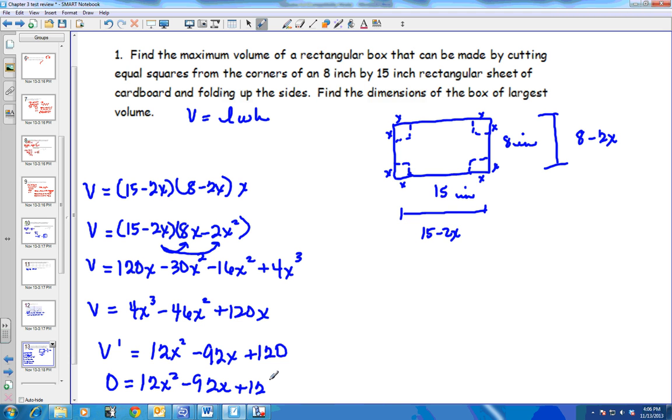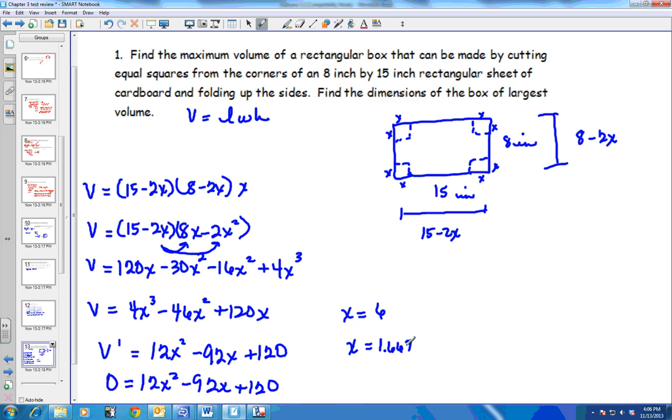We can solve it by factoring, we can solve it by graphing, see where it crosses the x-axis, we can solve by the quadratic formula. I would use the quadratic formula, and when I plug that in, 12, negative 92, and 120, I'm going to get two answers. I get x equals 6 and x equals 1.667.